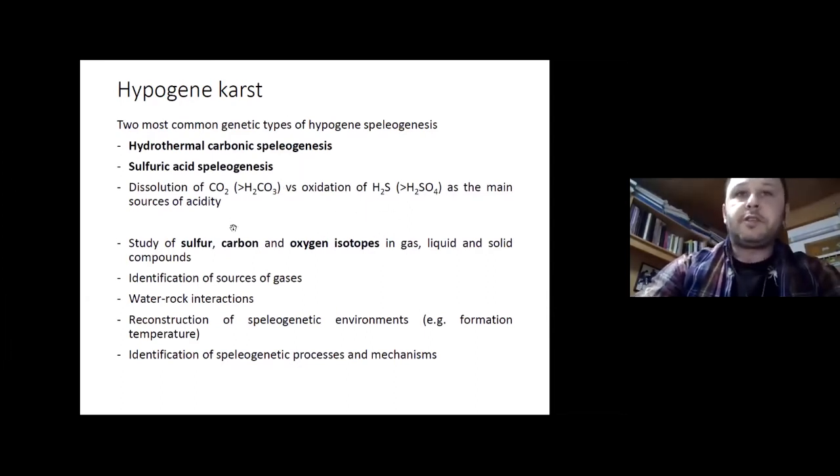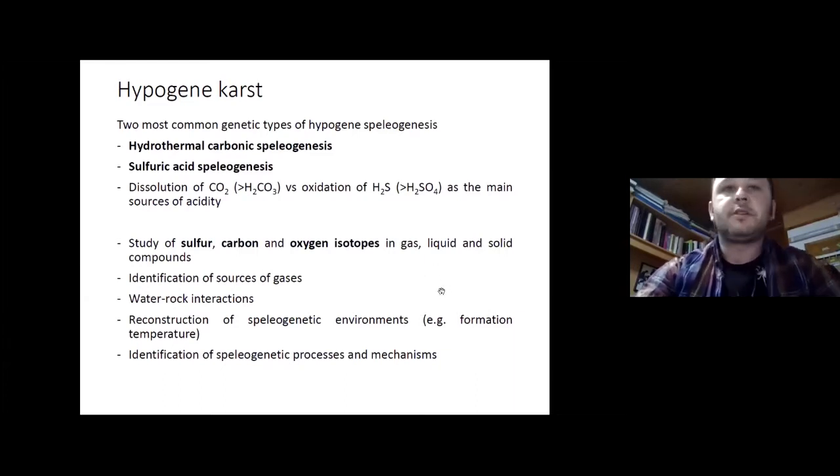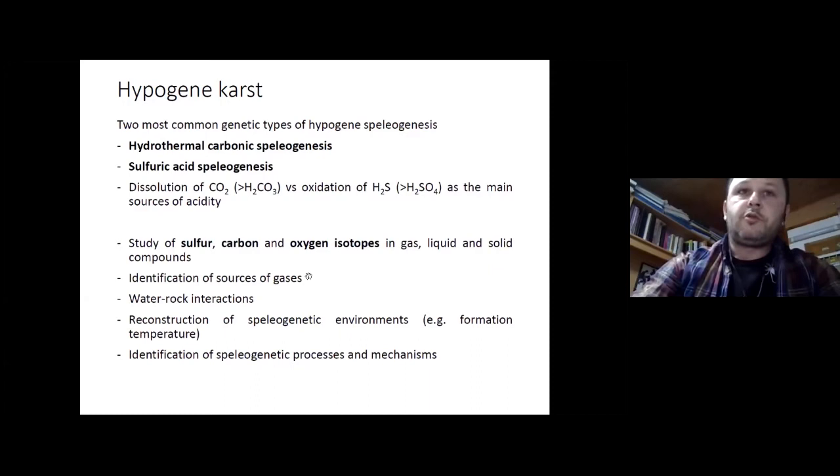In this kind of system, it will be the stable isotope composition of sulfur, carbon, and oxygen. We can study them in gas, liquid, or solid compounds, although most commonly it will be solid compounds, so cave minerals, that is speleothems. From their stable isotope composition, we can identify the sources of the gases.